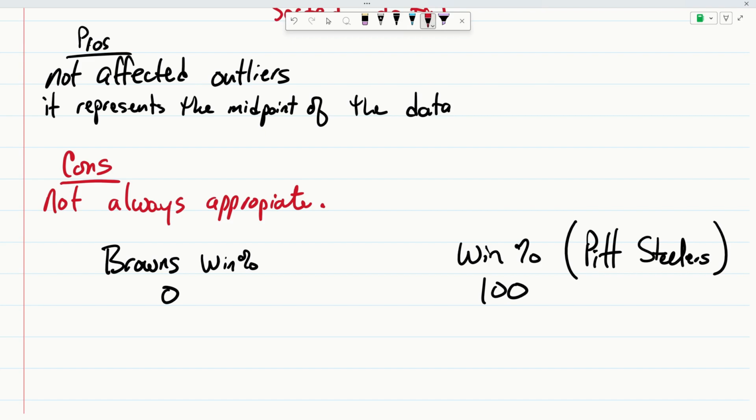What the median tells you, right down the middle, would be 0.5, or 50%. And that does not give us a really good representation of what's happening in this scenario. What's really happening is one team is winning all the time and one team is losing all the time. It's not a 50-50 shot here.